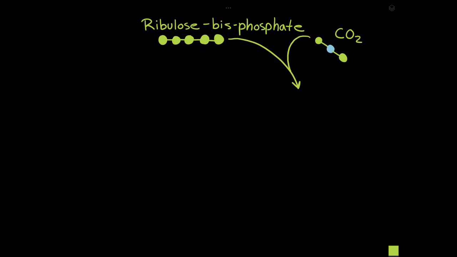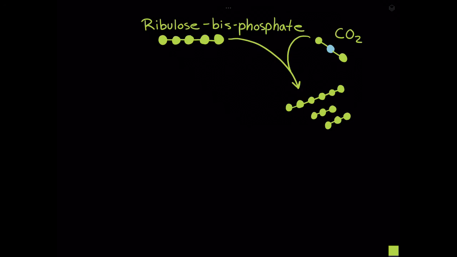So essentially what's going to happen is one of those carbon molecules is going to be added onto the end of ribulose bisphosphate, and that's going to make a 6-carbon molecule. So we have our 6 carbons here, 1, 2, 3, 4, 5, and 6, and that is going to be broken down into 2 3-carbon molecules called 3-phosphoglycerate.